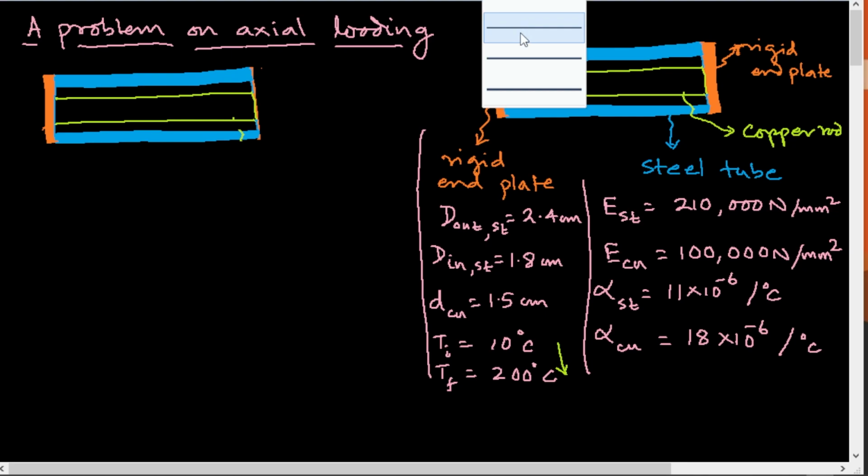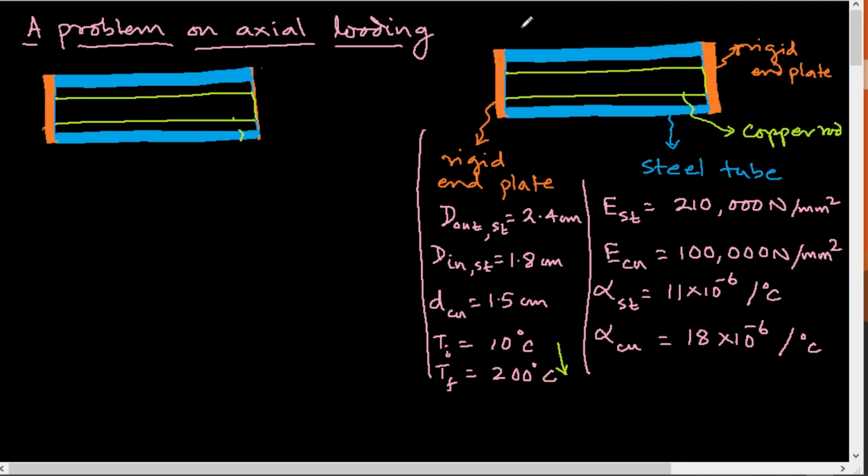Now what? Then you see here the copper's thermal expansion coefficient is more than steel, so obviously that would have extended more. Now to show that, suppose that would have extended by this much. This is an exaggerated view. I'm just making some space so that we can put some writings.